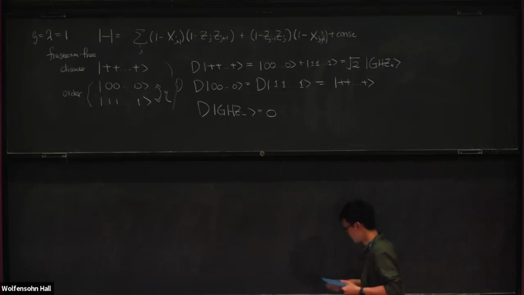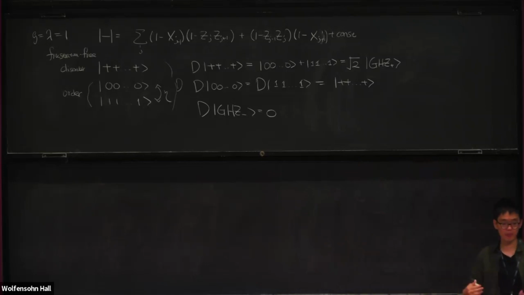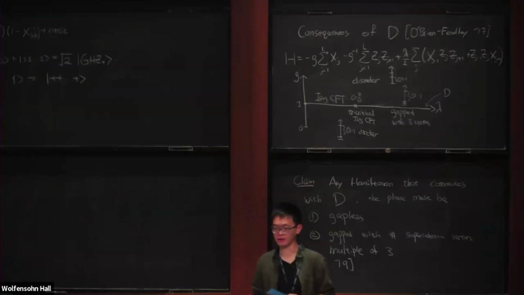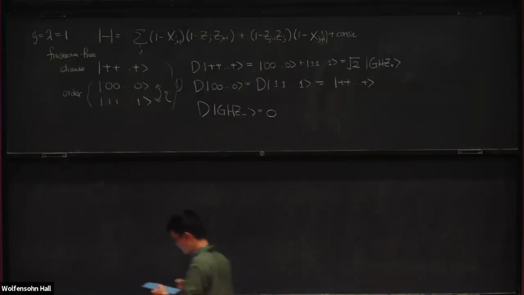Okay, so we spend a lot of time talking about the operator that implements the symmetry. And that's an easy way to talk about a symmetry. You have a Hamiltonian lattice model. What do you mean by a symmetry? You have a conserved operator that commutes with the Hamiltonian. That's how we usually think about it. But there's an alternative way to think about the symmetry, which is very natural from the continuum point of view.